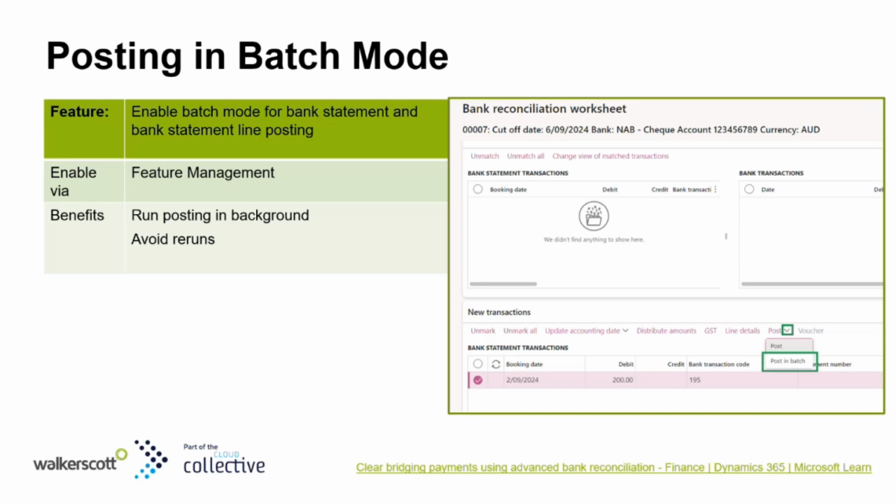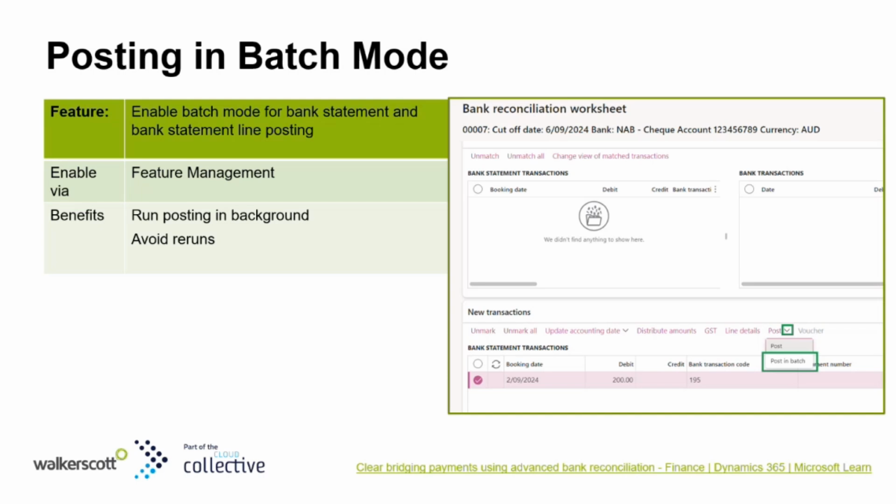It's a time-consuming process, and it would be running on the session, so if the session ends, the process didn't complete. That was a pain point, and by enabling this feature, you get a post in batch option. So you could allow it to post in batch and not care about the session running out or keeping that session active. That's a cool new feature.